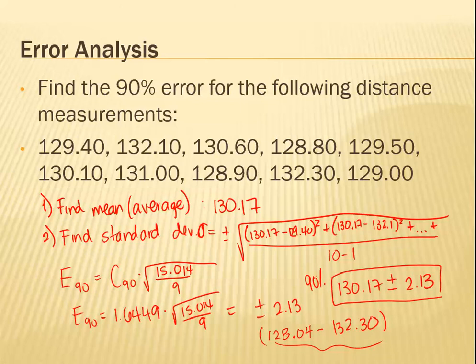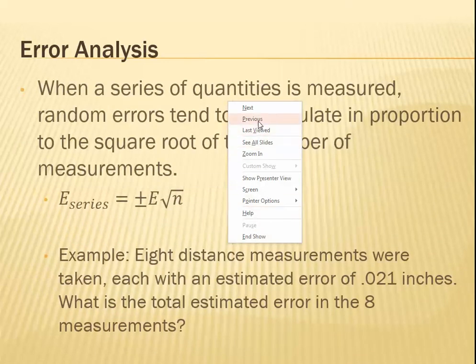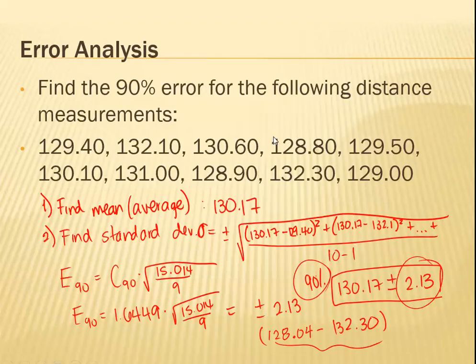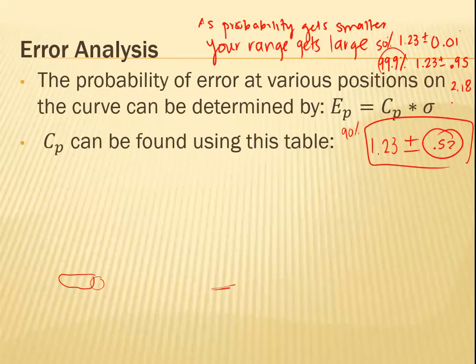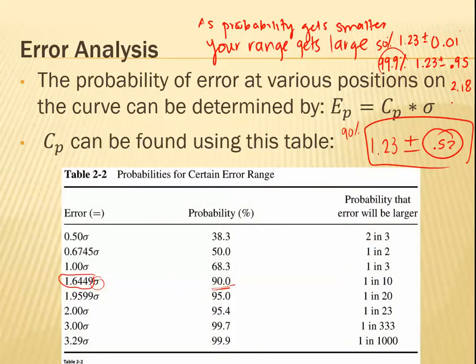Now, remember, if we do it with 99.9, as my probability gets higher, this number is also going to get larger. Actually, as the probability gets larger, I wrote this down wrong. I was thinking as the probability gets smaller, as in there's a smaller thing left.